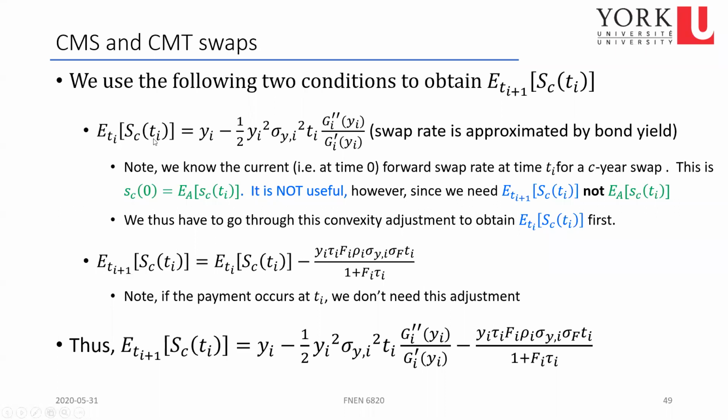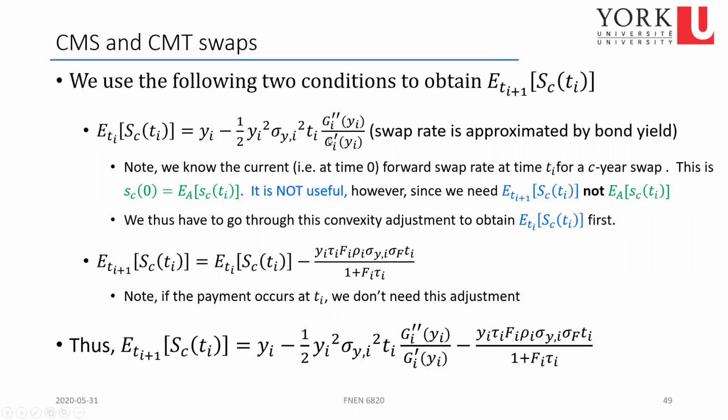Say the first reset time is 1 year from today, then you would take the forward price of a bond that 1 year from today has a 5-year term, and you will take the yield, and so you would then use the adjustment. So this will be the yield of that bond there, and then you will go through this convexity adjustment as we have seen earlier.